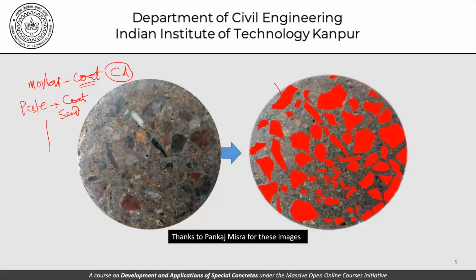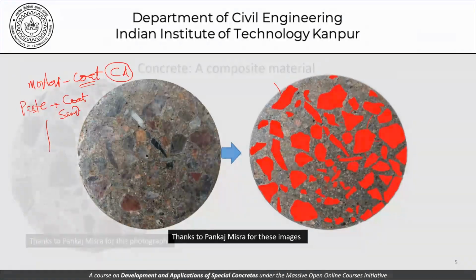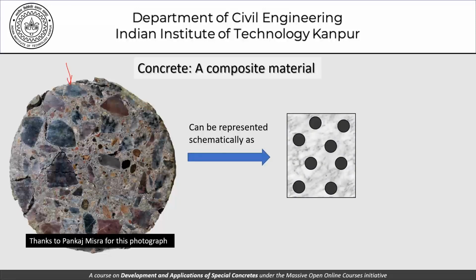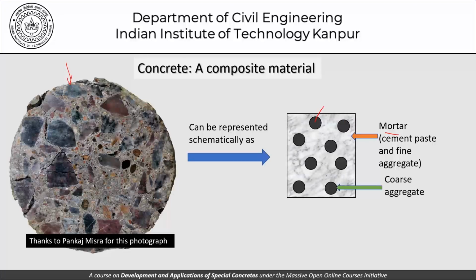That's what makes concrete. Now moving forward, when it comes to a composite material, this picture here, that is the concrete, can be schematically represented the way it is shown here, with aggregates like this, and they are suspended in mortar. So this is what we've talked about, that these are aggregates suspended in mortar.